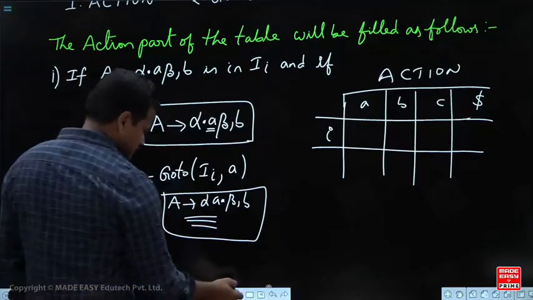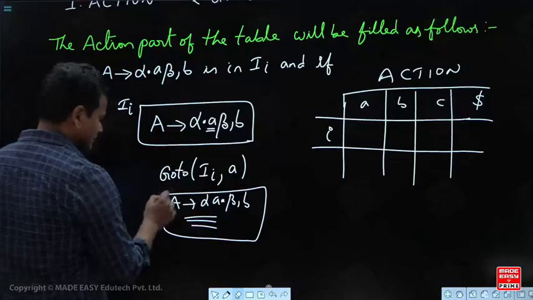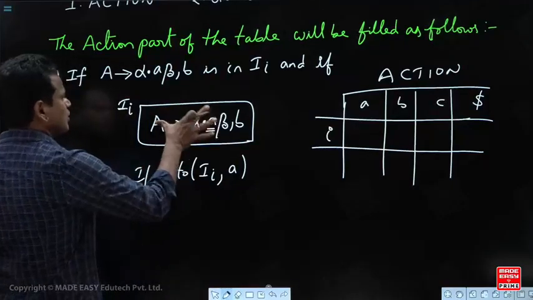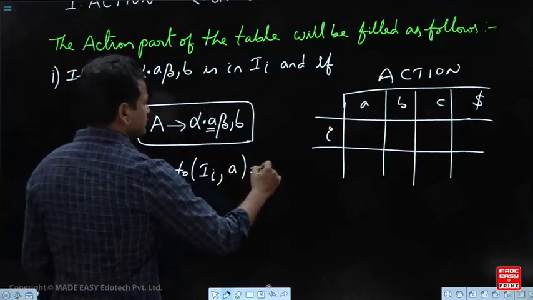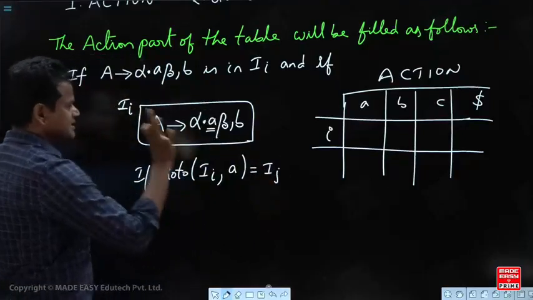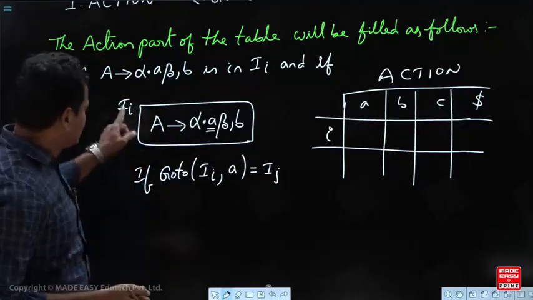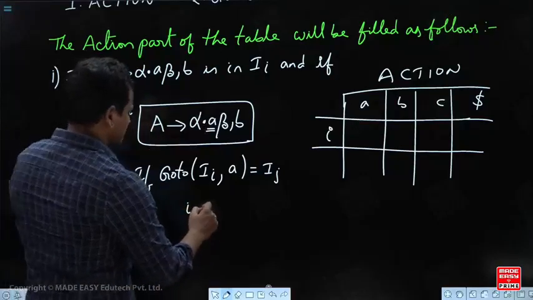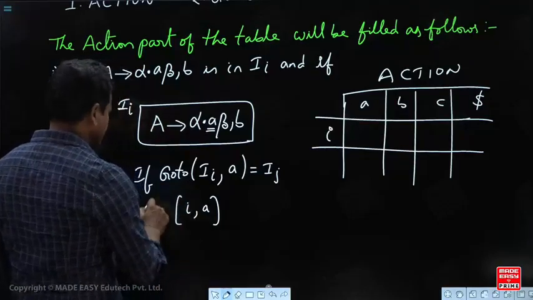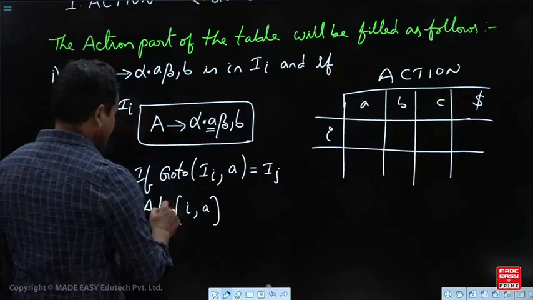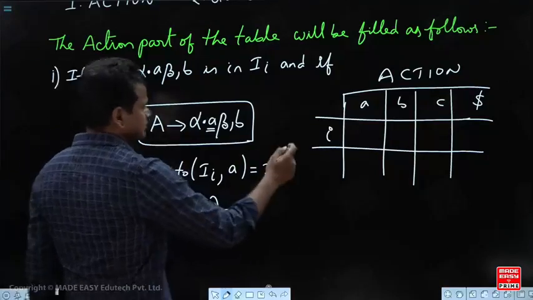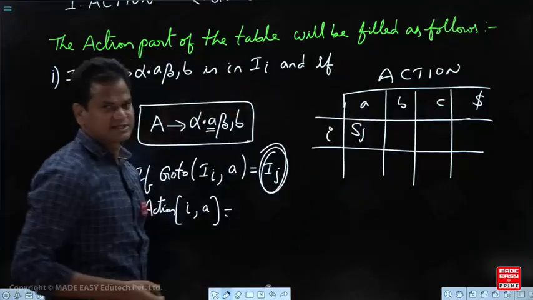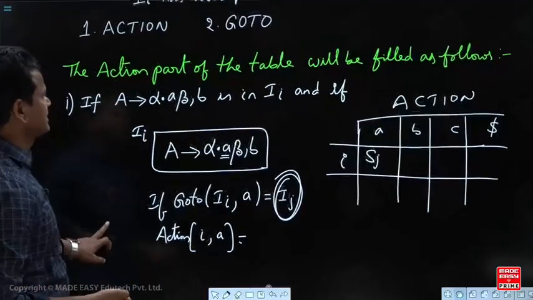Are you following? Suppose go to of Ii comma A equals Ij. If it is going to the Ij state, then simple. In the ith row, 8th column, in the action part, where is it going? Ij. So simply we write Sj. That is what I am saying.